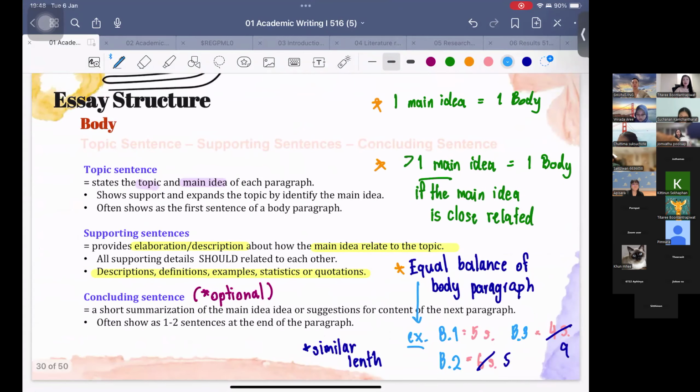The next thing after the introduction would be the body paragraph. The structure of the body paragraph follows the same structure you've seen in paragraph structure: for each body paragraph, you should always start with the topic sentence, followed by the supporting sentences. And the concluding sentence, you can ignore it.